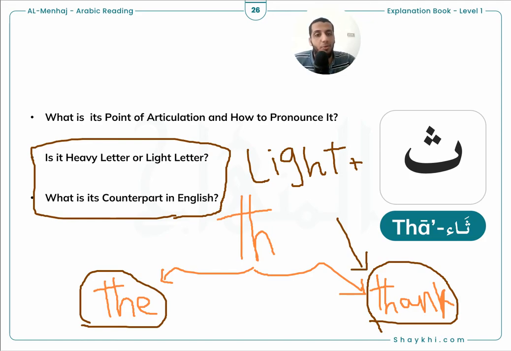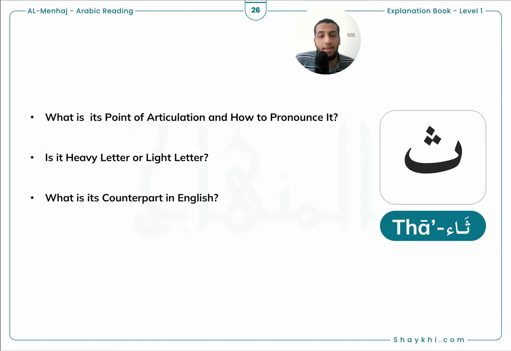And as we said, it's a common saying, you have to stick your tongue out. So we can say this is a tongue letter for this clarification. So it's a light and tongue letter. So this is the letter th. It's a light letter, and the counterpart is th as in the word thanks.